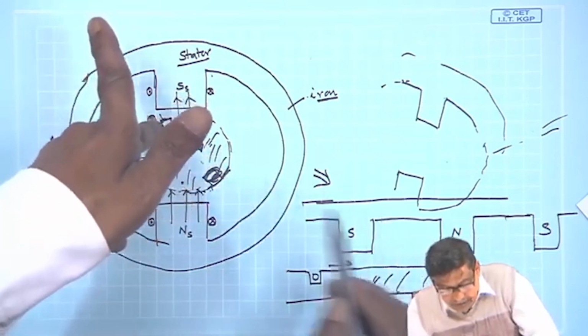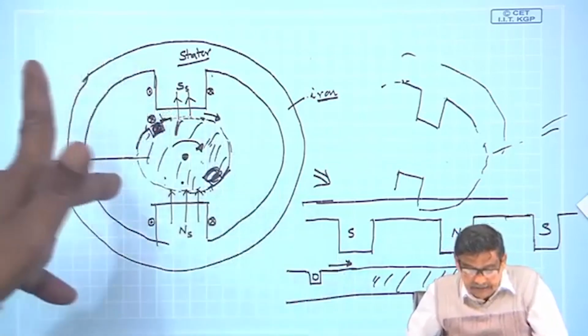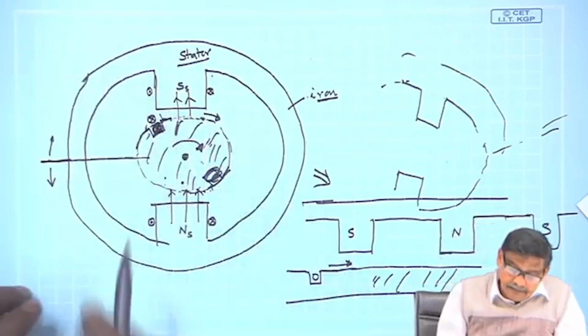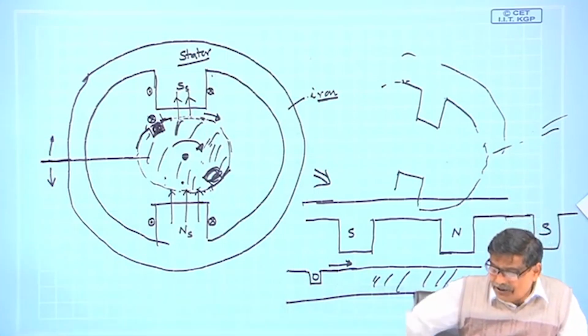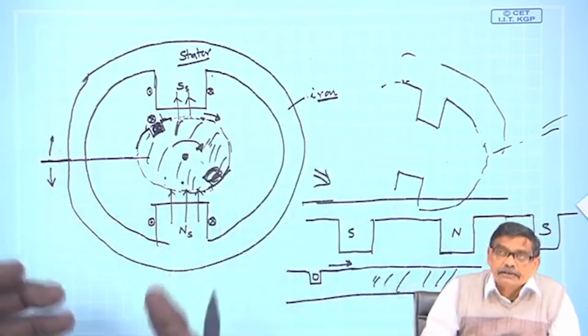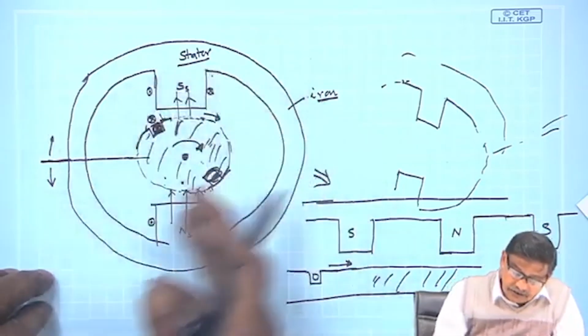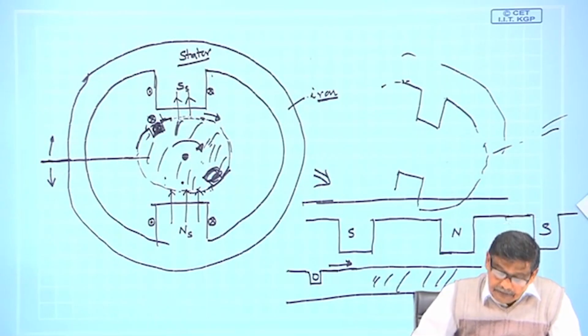So, it will try to move like this. So, you will get motoring action, and for this you do not require infinite space and things like that, everything is circular and the conductor will go on seeing various poles.